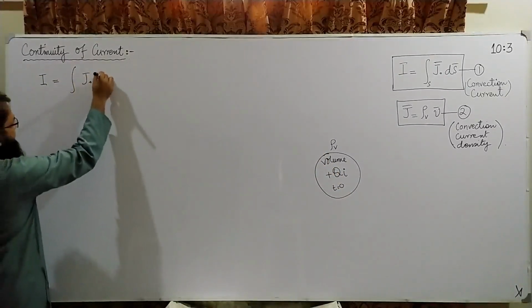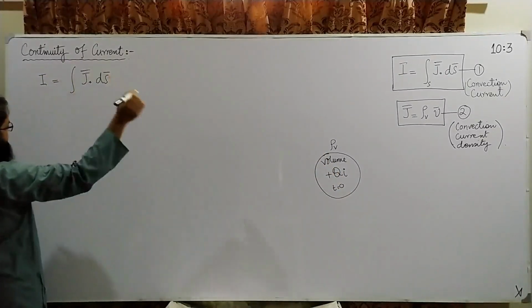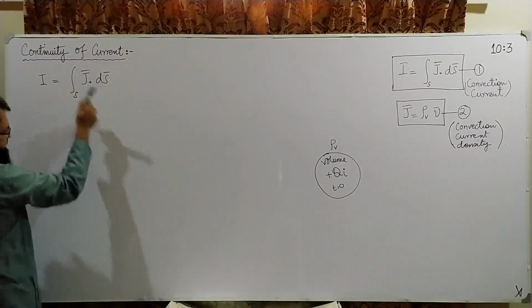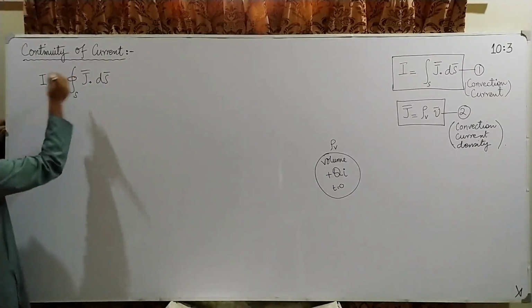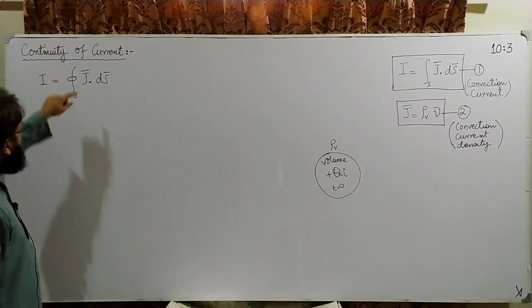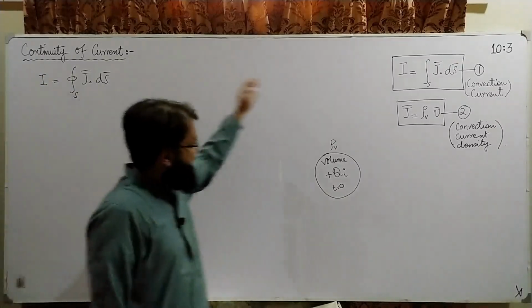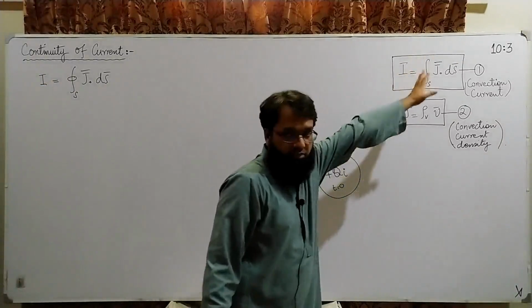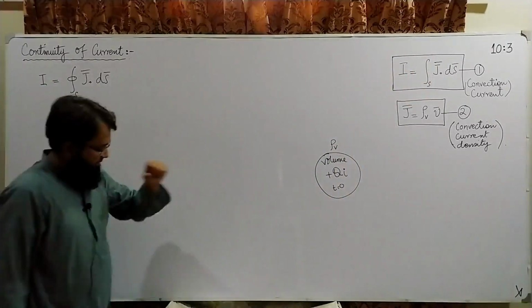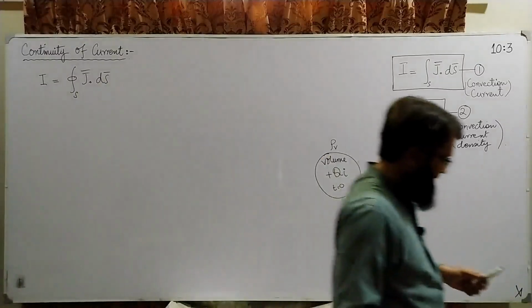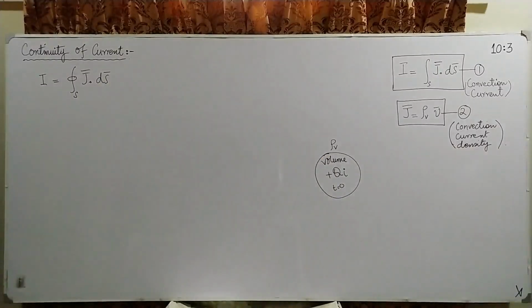J dot ds, applied over this surface. And since that surface is closed, I'm using this closed surface integral. Generally in this equation number 1, there is no closed surface integral assumption, but for this particular case there is an assumption that the surface is closed, obviously, because I am considering a volume.